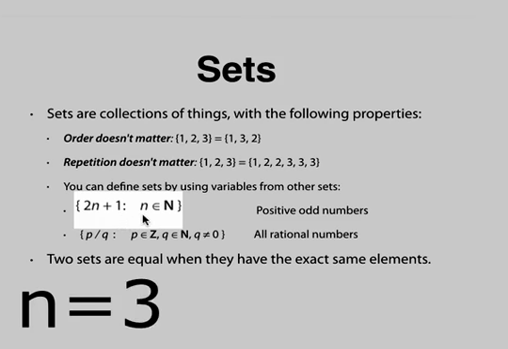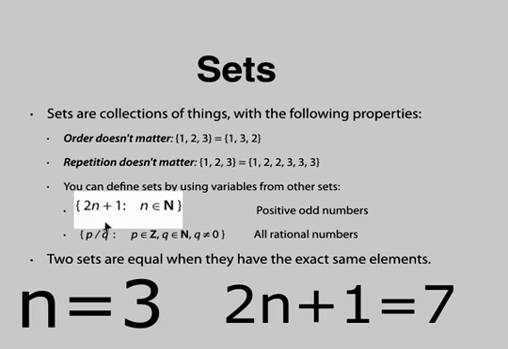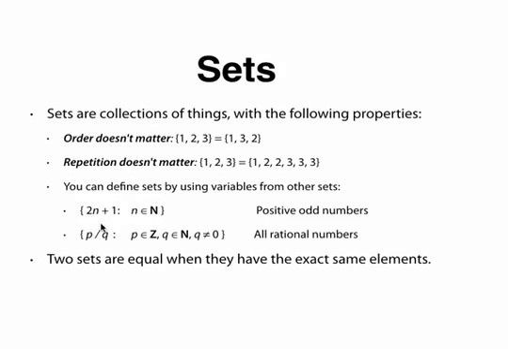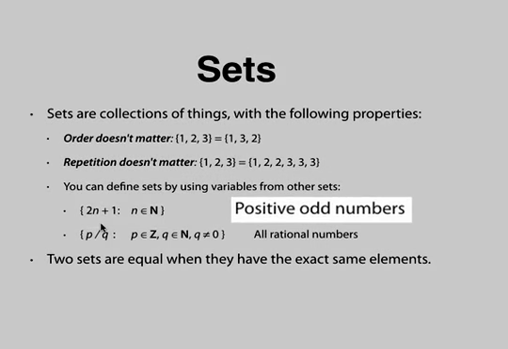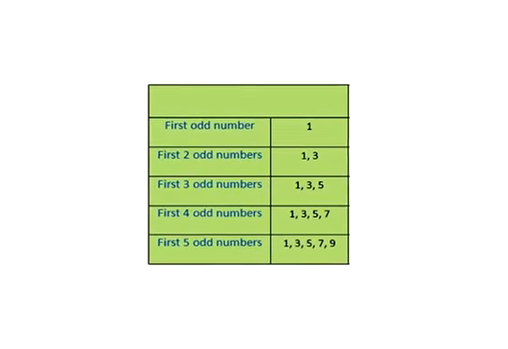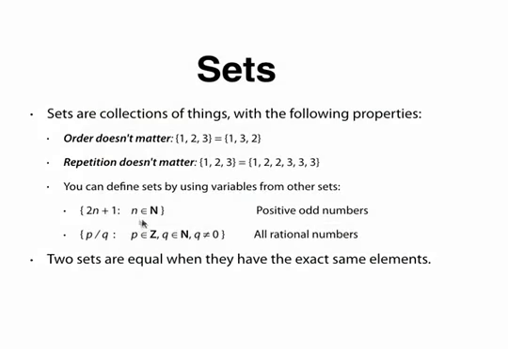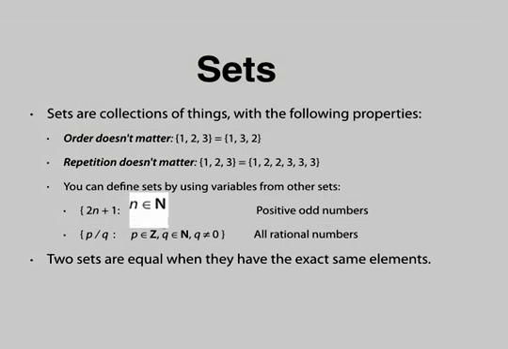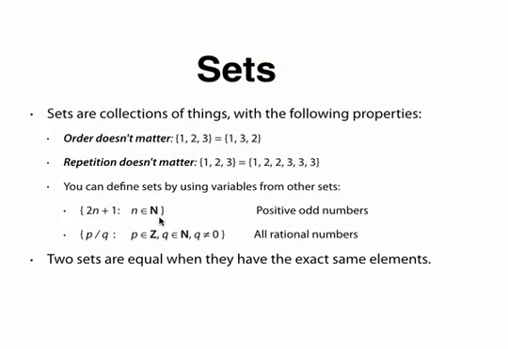And then if n is 3, then this one would be 7, and so forth. So you get 1, 3, 5, 7, 9. Basically, you get the odd numbers. This is how we were able to construct the set of odd numbers by just using a variable and referencing the natural numbers. So you can construct one set from another.